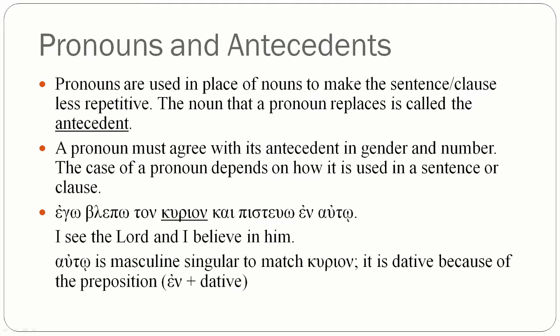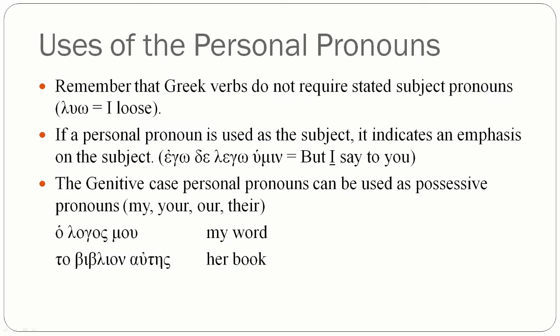But we'll go over a number of practice sentences so that you can get some practice and hopefully get used to this. All right. So those are some rules on using the pronouns and the antecedents.